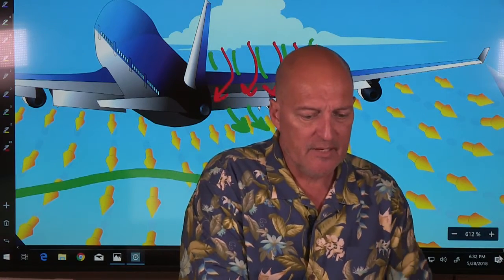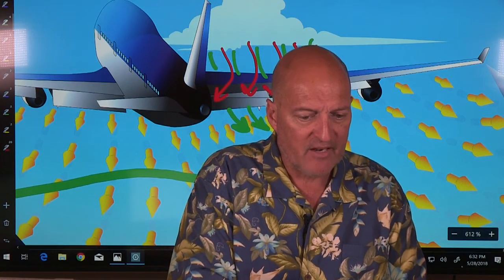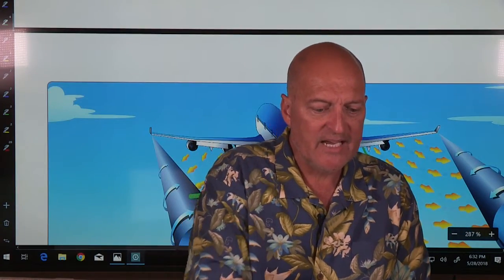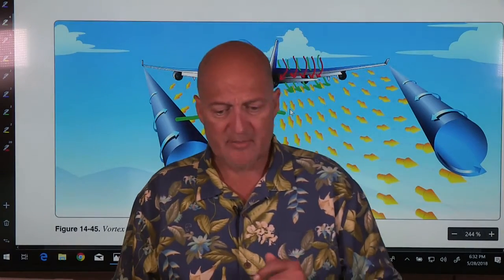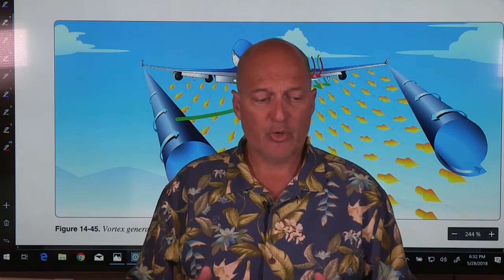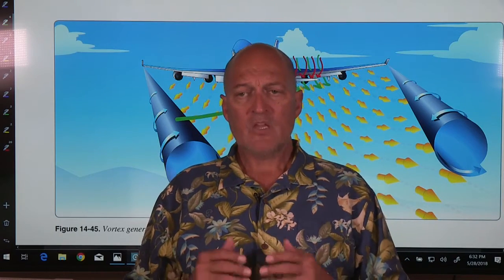So you see it on this imagery as being very tight at the wing tip, and then it gets larger as the air has a chance to unspool underneath it. So that's how these vortices form.